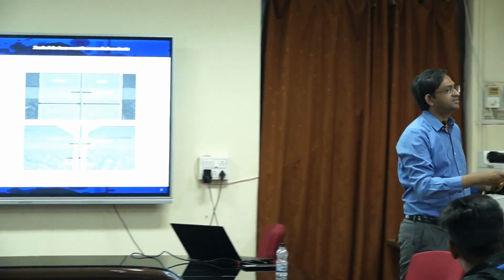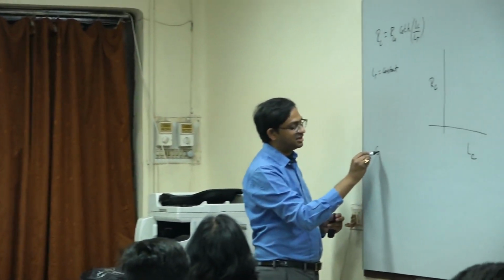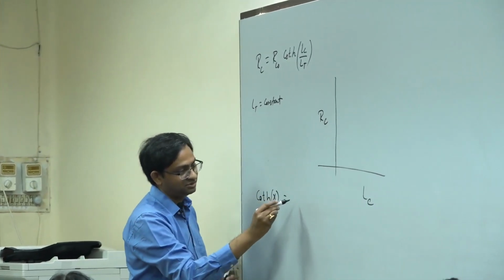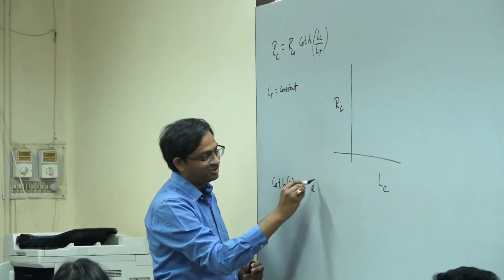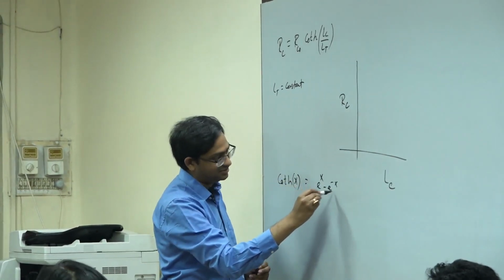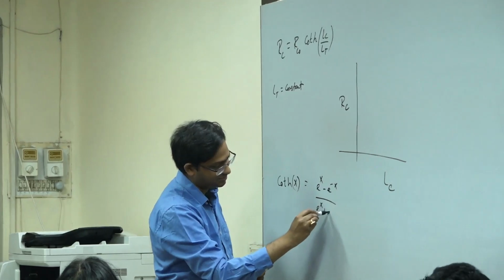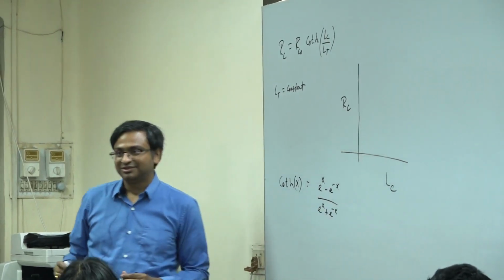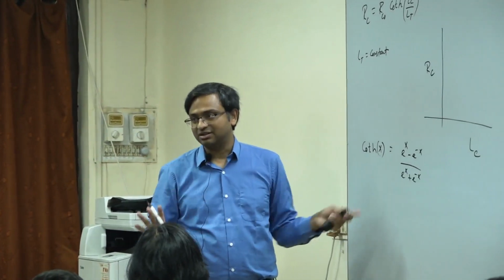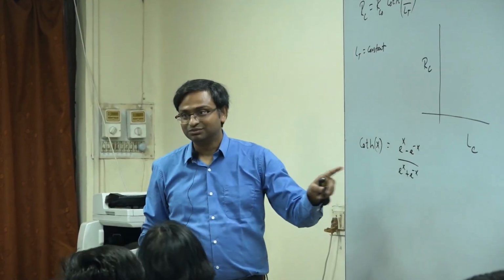Does anybody know what coth of x is? Let's start there. Very good. e to the power x? Yes. Very good. Now, generally, when you try to draw a functional dependence of a curve, this is very difficult to draw.